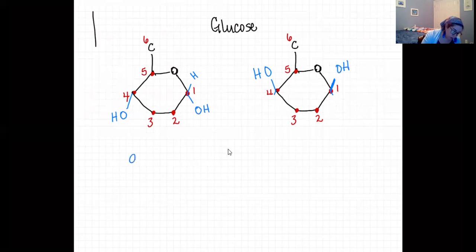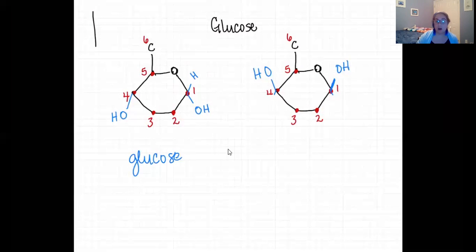This right here is glucose, C6H12O6. I didn't draw all the H's and I didn't draw all the O's to keep it simple. The ones that you want to focus on are at carbon number 1 and carbon number 4. Those hydroxyl groups make a difference because this is glucose, C6H12O6.